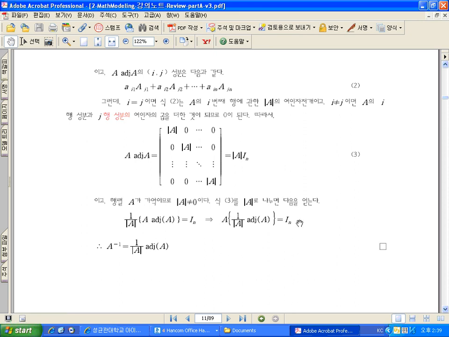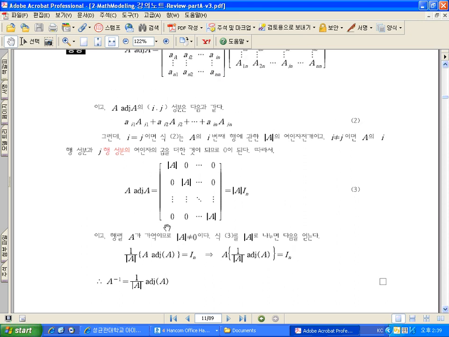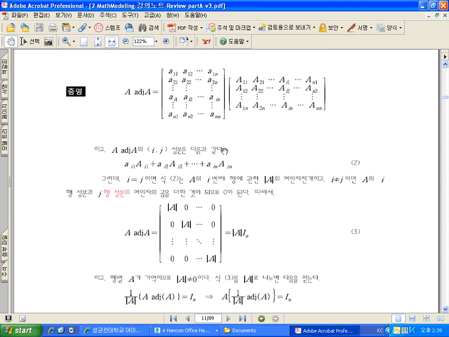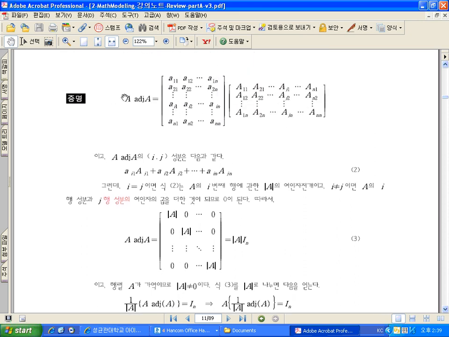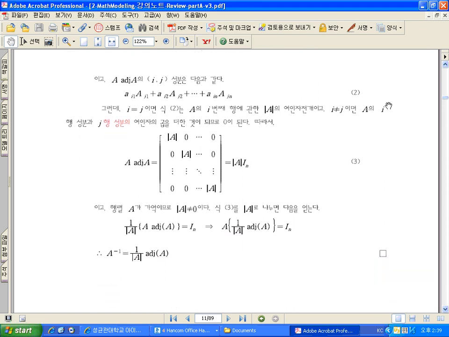So A inverse is now the same as 1 over determinant of A times adjoint of A. So this comes directly from this comparison and the Laplace cofactor expansion. Okay. So you should be able to reproduce the proof.